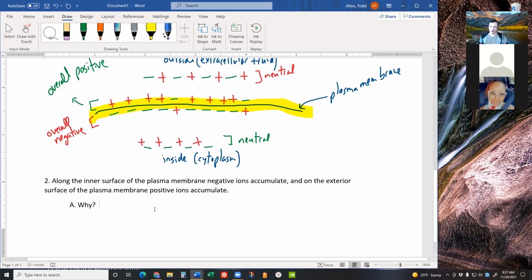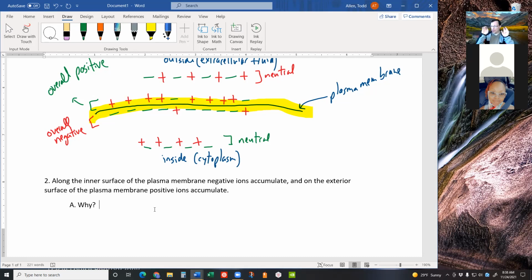Remember, there are more potassium ion channels in the membrane than there are sodium ion channels. And so potassium ion channels are designed to allow potassium ions inside the cytoplasm to escape onto the exterior surface.